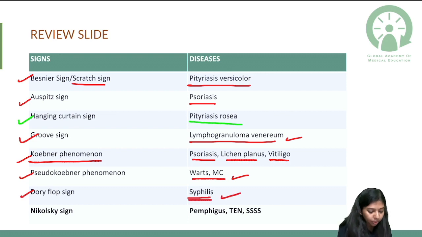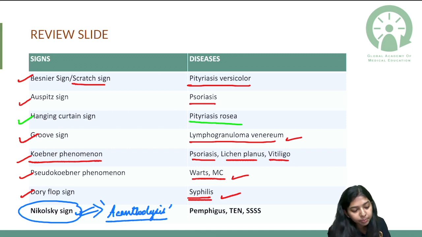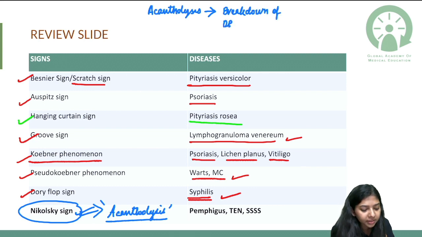And another very important sign is Nikolsky sign. What is Nikolsky sign? Nikolsky sign is suggestive of acantholysis, right? What is acantholysis? Acantholysis is breakdown of desmosomes, the intercellular connections between the keratinocytes.